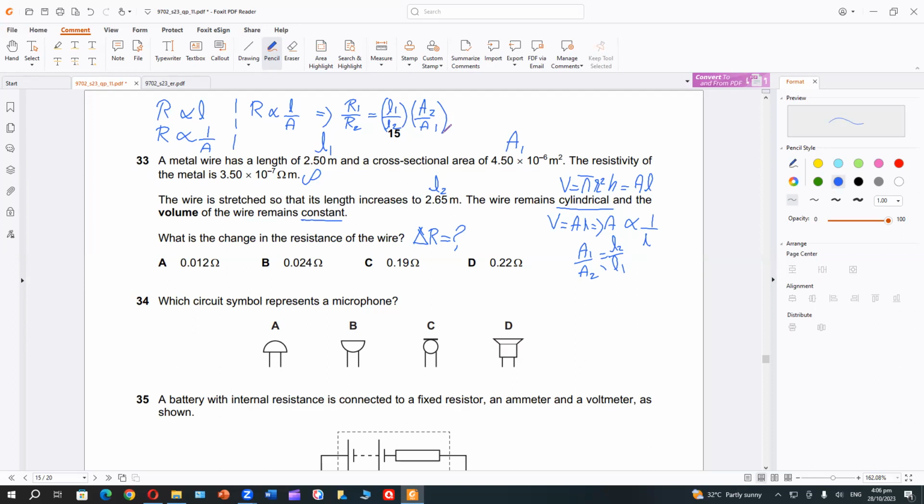Because volume is constant. So what A2 did you get here? 4.2 times 10 to the power minus 6. Then you put all the values in the above equation, and we can find R1 upon R2 as a ratio.